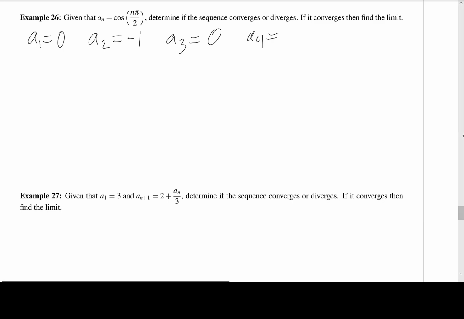Then a4 is 4 pi over 2, so that's 2 pi, and cosine of 2 pi gives us positive 1. It's just going to proceed with this pattern on and on forever. So although we have an upper bound and a lower bound here, using 1 and negative 1, it is non-monotonic.